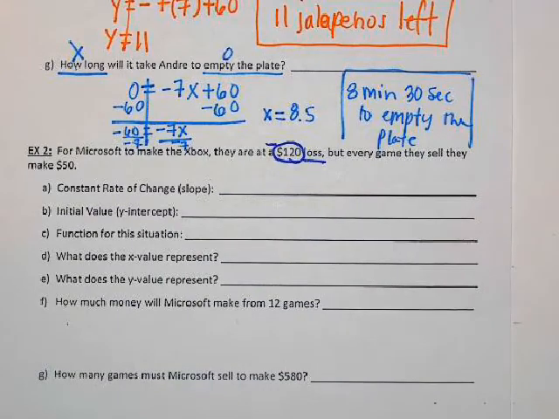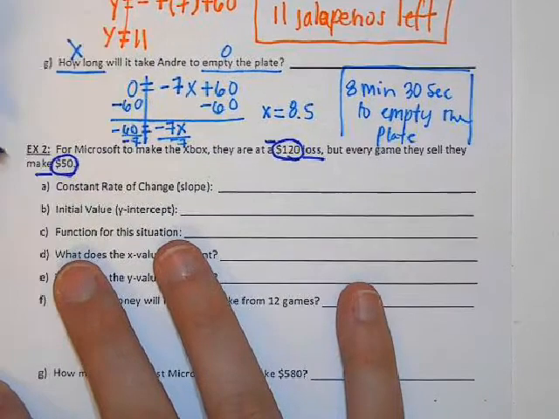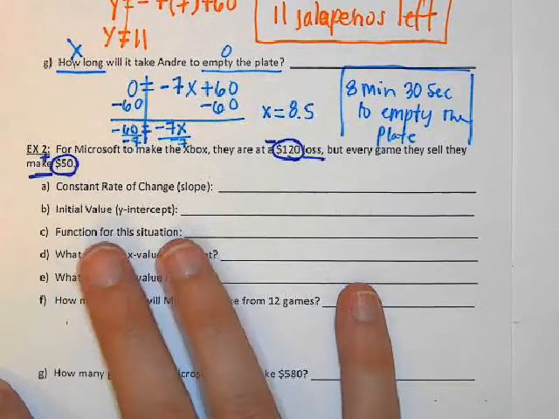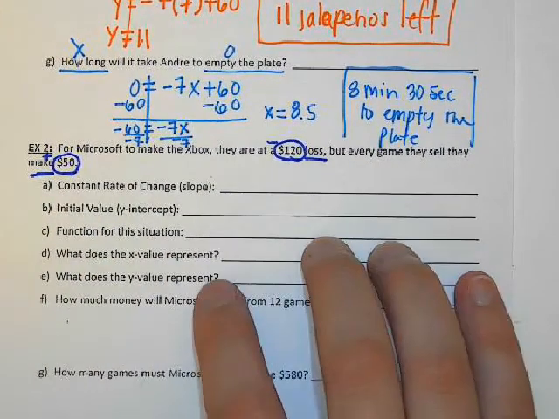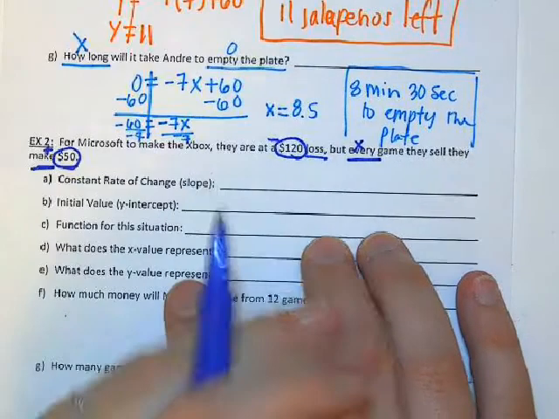Got it? Then it says, but for every game they sell, they make $50. So what's some keywords here? Make 50. Every. Okay, so $50. Make would be what? Add. They're making that much money. So that's a plus 50. What else is keyword? Every. Every means what? That's my x.